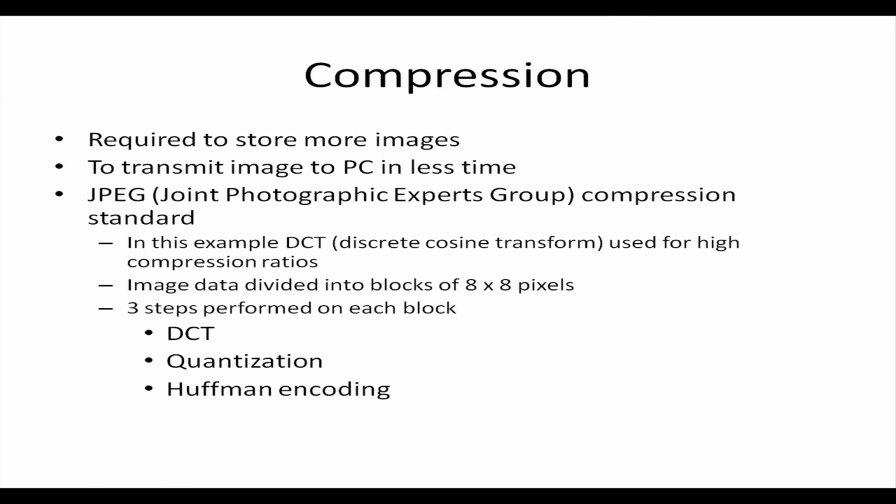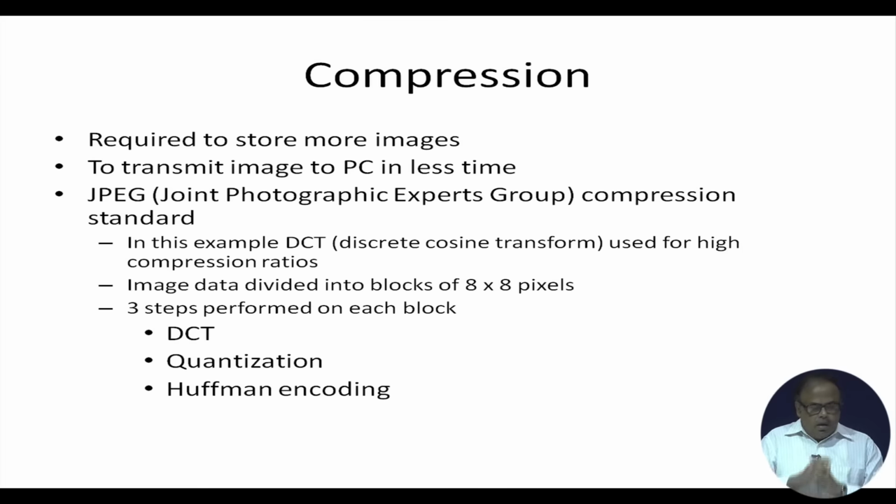Next, we need to do compression. That is required to store more images and to transmit images to the PC in a lesser amount of time. If I can compress, then I will have to transmit fewer bits. In digital cameras, we are using the JPEG format of compression.